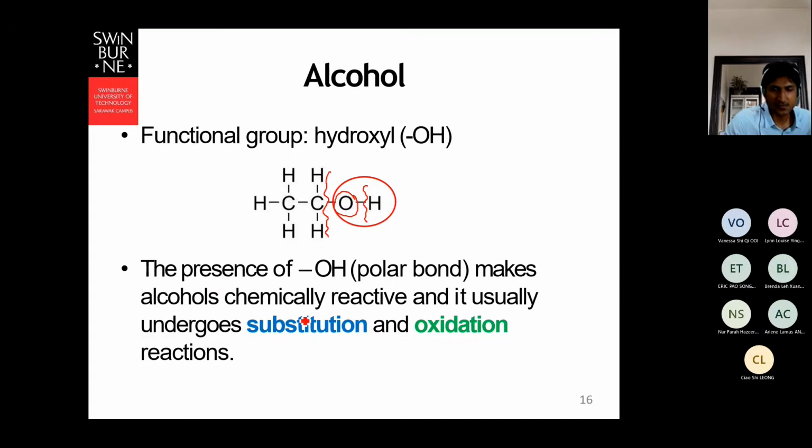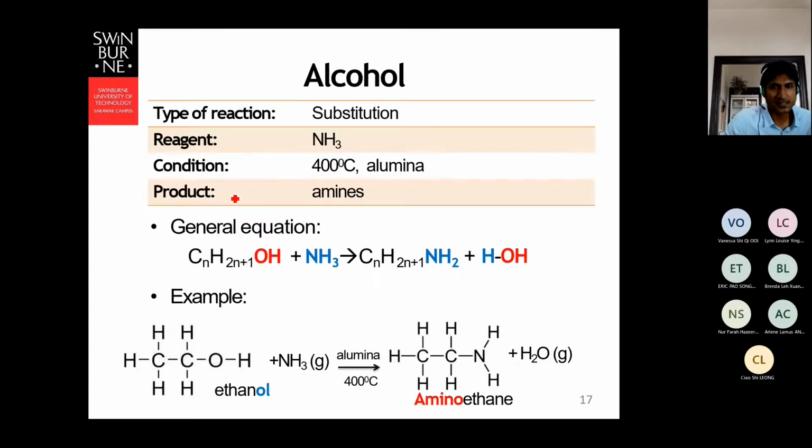And we can see the substitution reaction for this alcoholic group. For this alcohol, the reaction is very similar to what we have seen for the chloroalkane, right? The alcoholic group reacts similarly with ammonia.